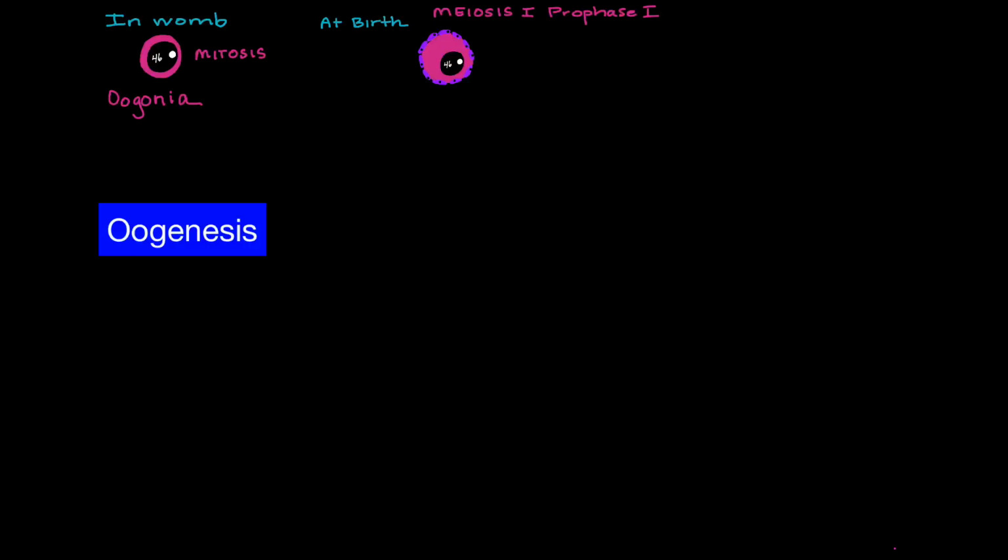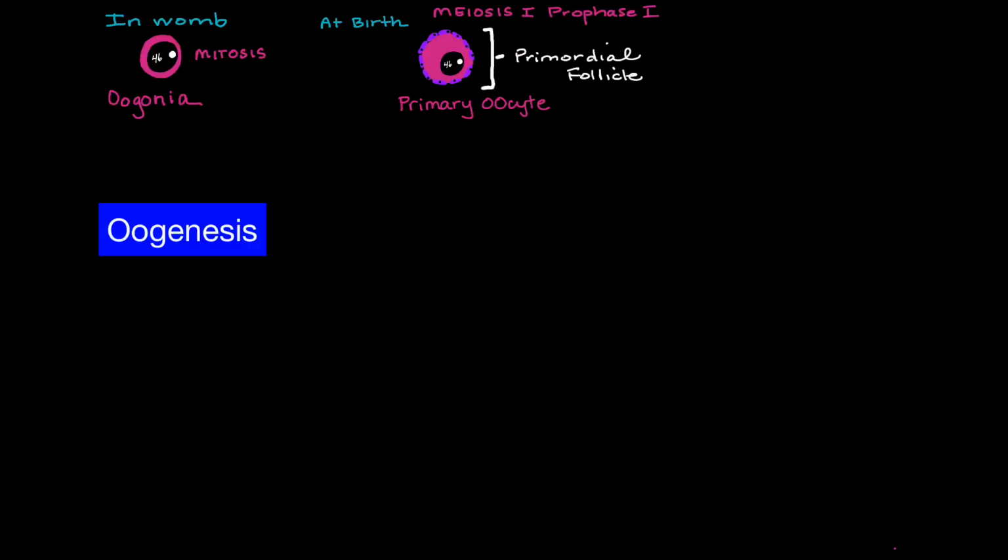Because these cells have started to undergo meiosis 1, we now call them primary oocytes. So you will notice that anytime we've got our actual gamete still with 46 total chromosomes, we call it a primary oocyte. That's our sex cell.